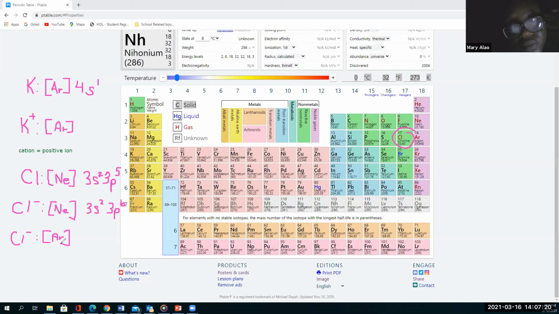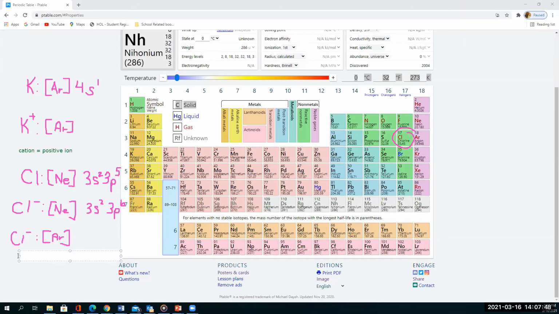Wait, wouldn't it be plus, Cl plus Ar? Oh, I see. No, because you're gaining an electron. When you gain an electron, you're adding a negative charge, right? And when you lose, it's positive. That's right. So this isn't confusing. Ion.